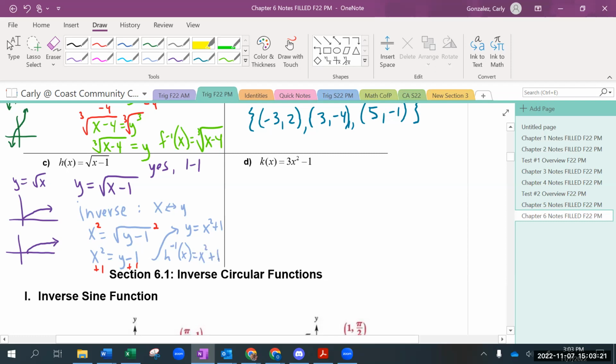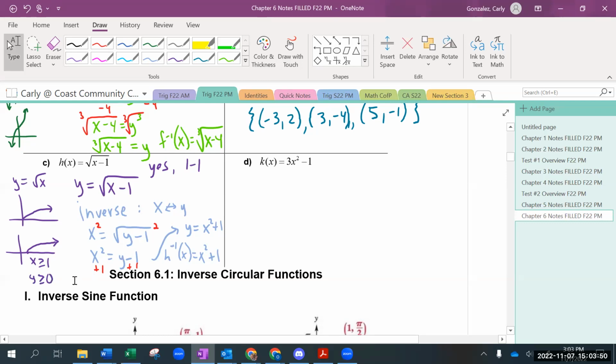However, we need to make sure that we are limiting the domain properly here, because this function is 1-to-1, but x squared plus 1 is not 1-to-1. So what we might notice here is x on our original function of h of x is greater than or equal to 1, but y is greater than or equal to 0.